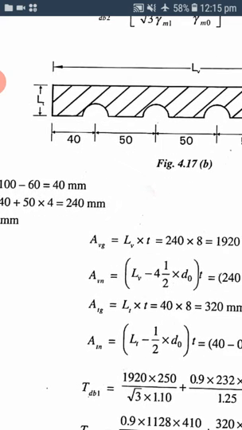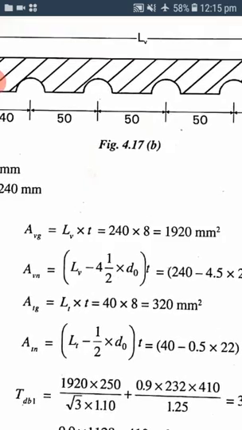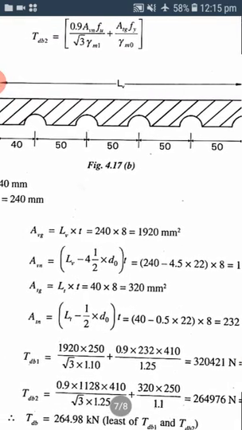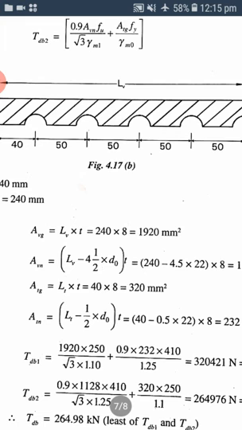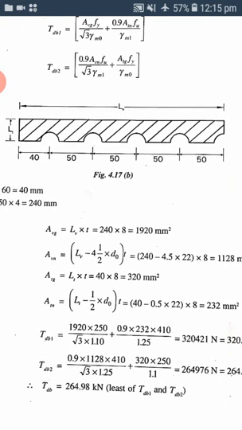Once you get LV and LT, it is very easy to calculate AVG and AVN. AVG will be LV into T, that is the gross area in shear. AVN is the net area in shear, that means after deducting the bolt holes. How many bolt holes are present here?